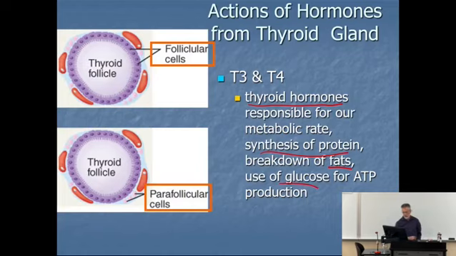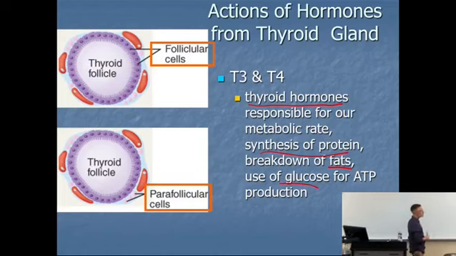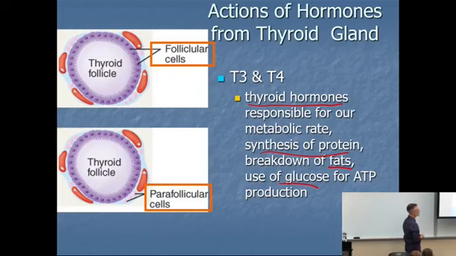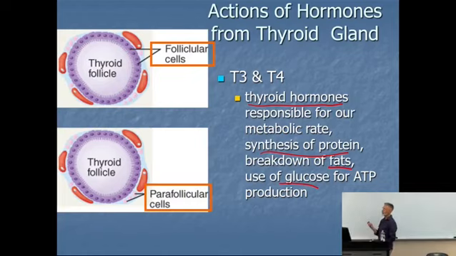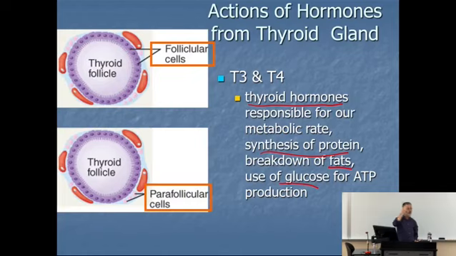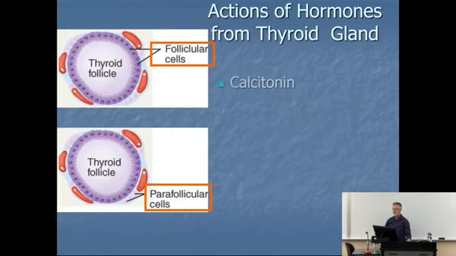We'll be using glucose more to make ATP inside mitochondria. So it increases cellular activity in many different types of tissues and cells, lots of different targets, kind of like growth hormone. And in fact, those two work together very regularly. Growth hormone also, in addition to growing things like bones and muscles, increases metabolic rate, the use of chemical energy.